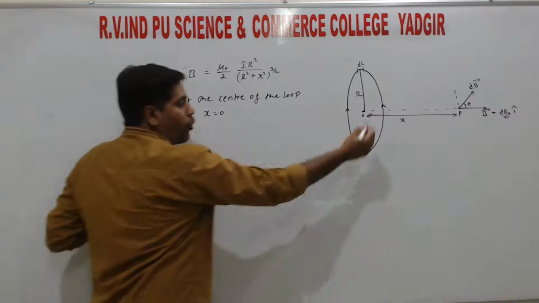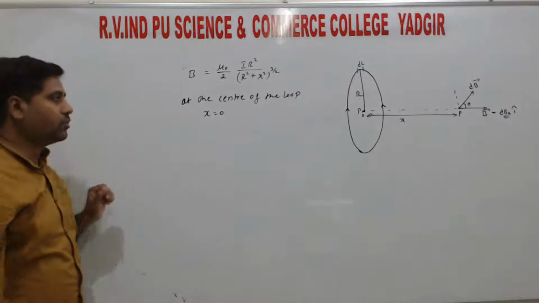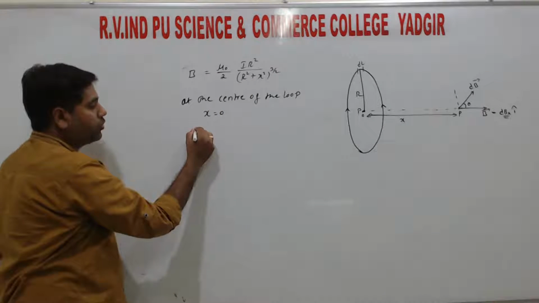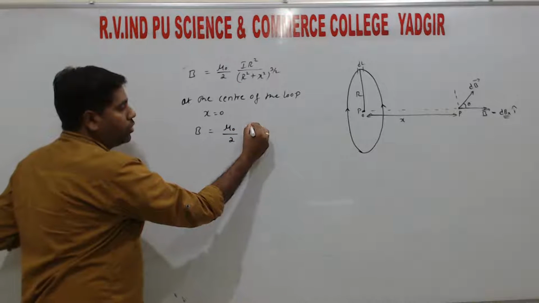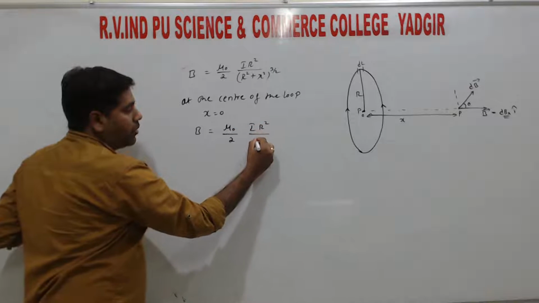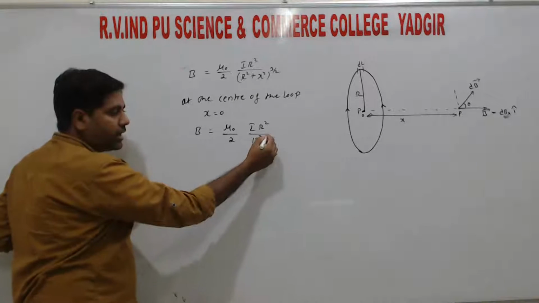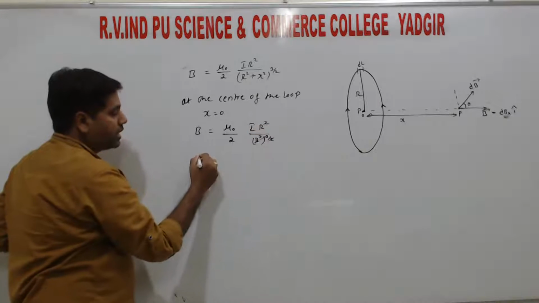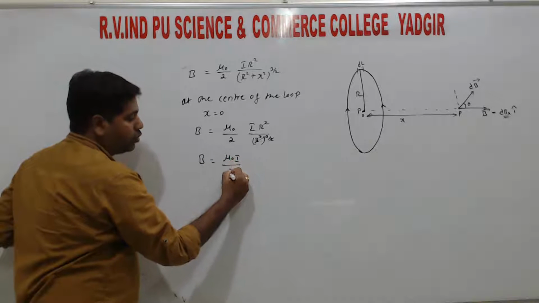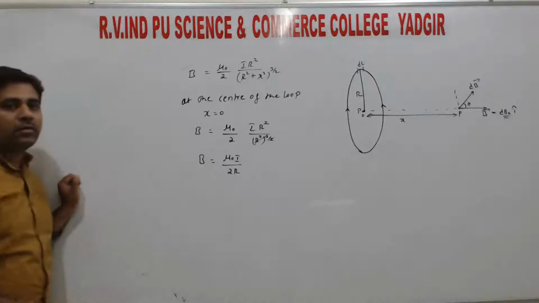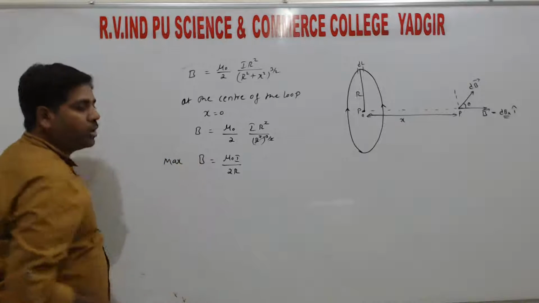Substituting, we get B = mu naught by 2 I R square divided by R square whole power 3 by 2. The squares cancel, and we get the magnetic field mu naught I by 2R. This is the maximum magnetic field.